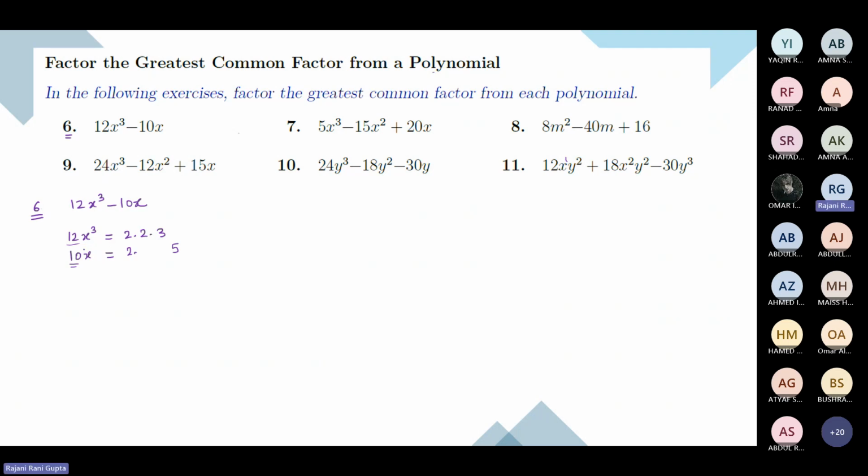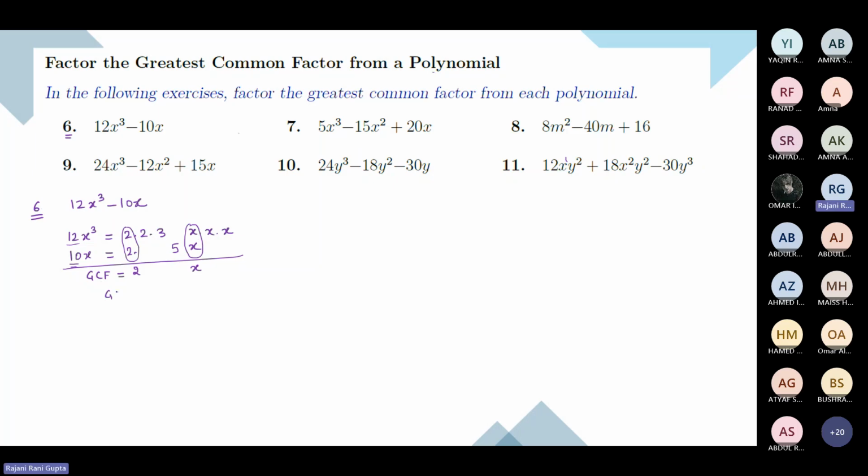It's the same thing as we were doing before. For x power 3, we write x times x times x, and here, x. So what is the greatest common factor? From here you get 2, then you have x.